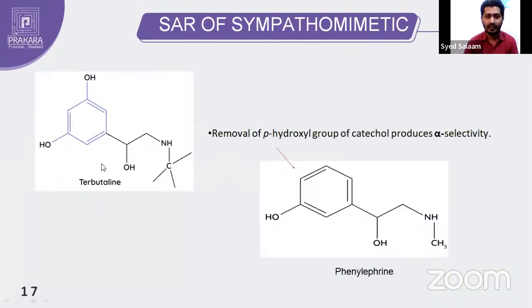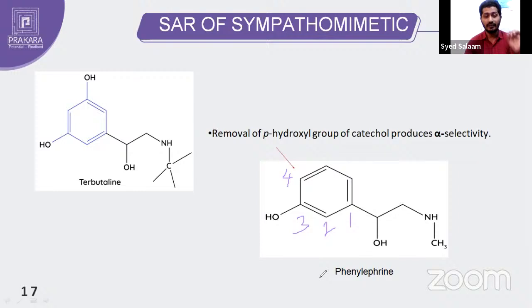Here terbutaline is given, in which you have resorcinol, so it has a longer duration of action. If you remove the hydroxyl group of catechol, it produces alpha selectivity, because the third substitution is responsible for alpha selectivity. If you remove the 4th hydroxyl, beta selectivity is eliminated.